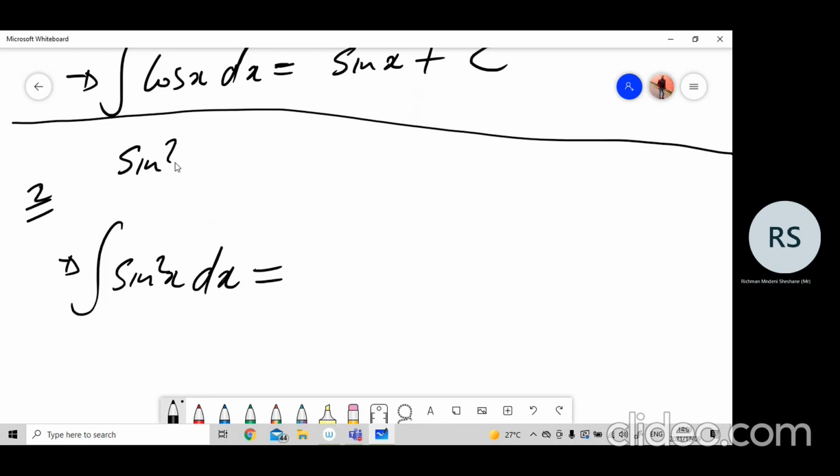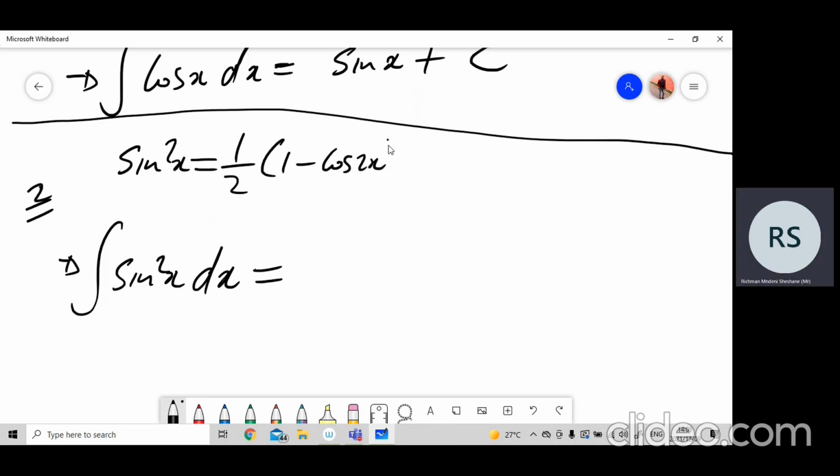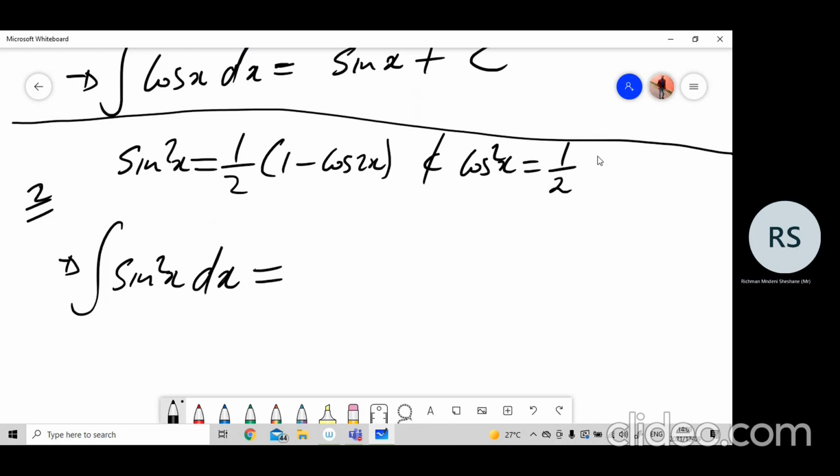Sine squared x is equal to 1 over 2, 1 minus cos 2x. And also know that cos squared x is equal to 1 over 2, 1 plus cos 2x.